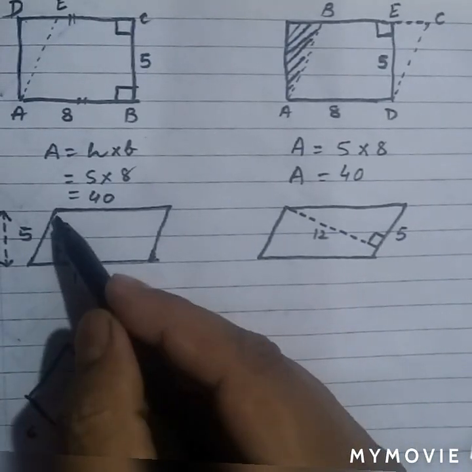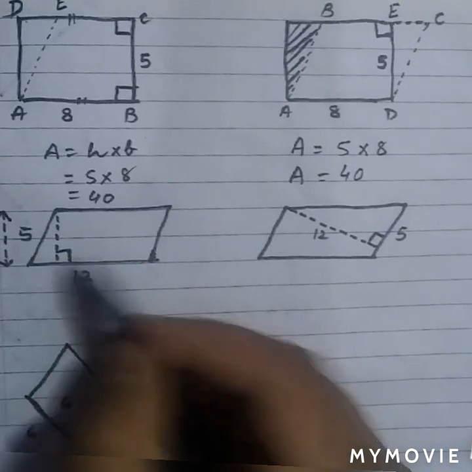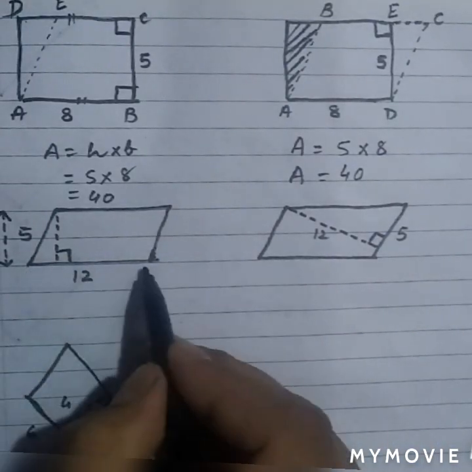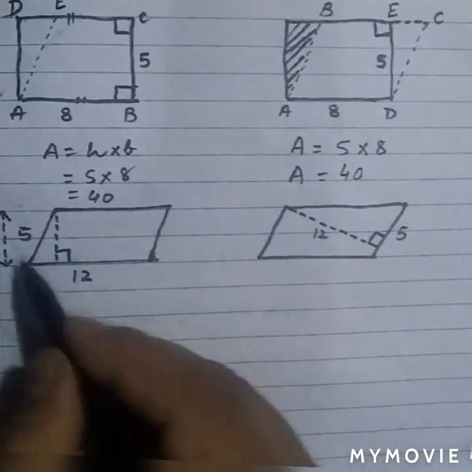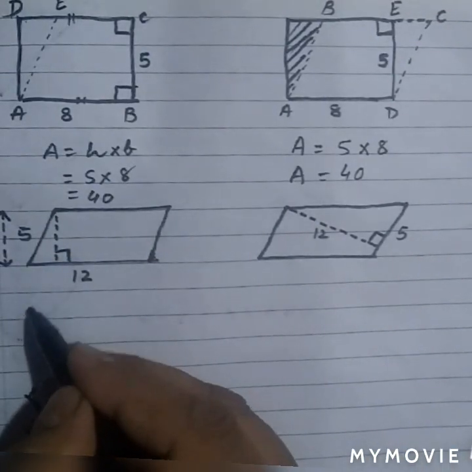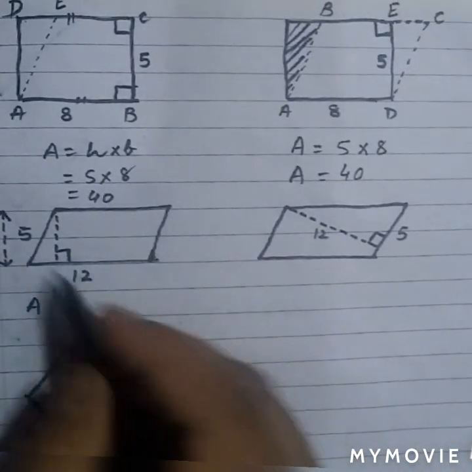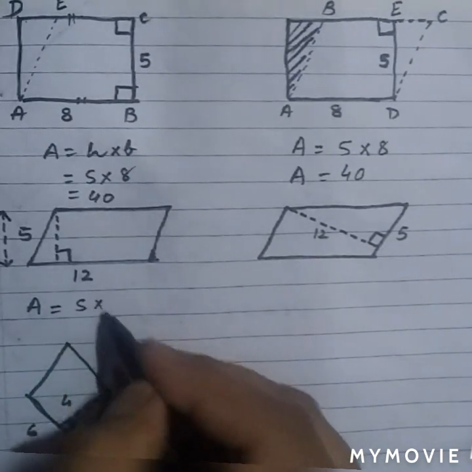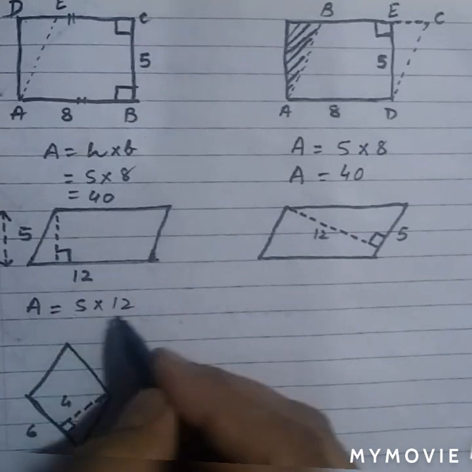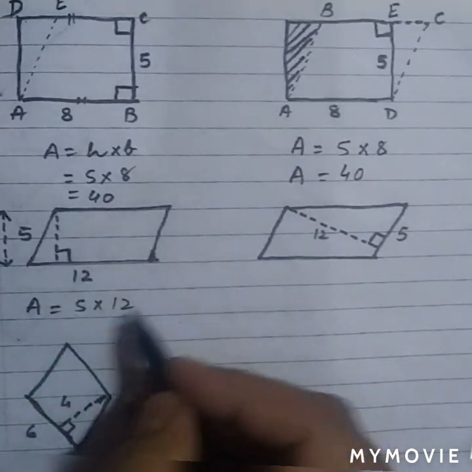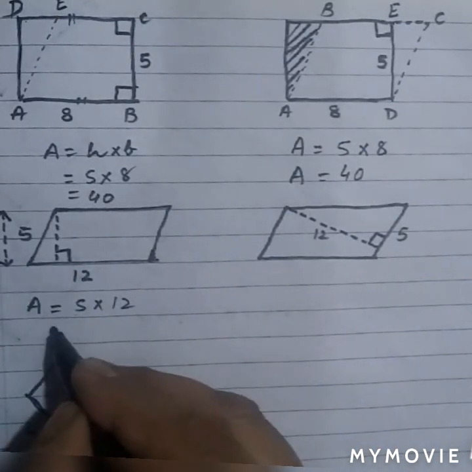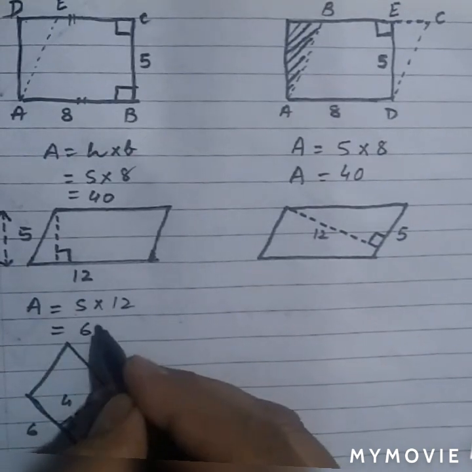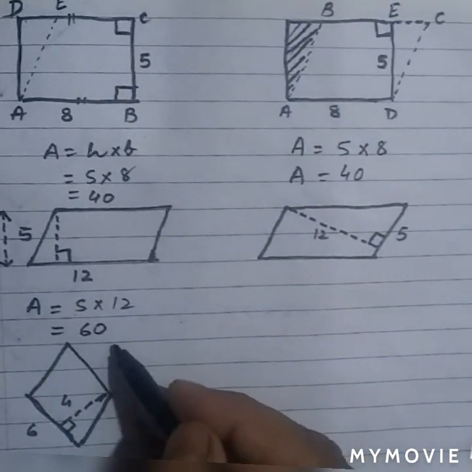So this part is the perpendicular height and this part is the base. The area will be perpendicular height multiplied by base, so 5 multiplied by 12, which is 60. So its result will be 60 unit square.